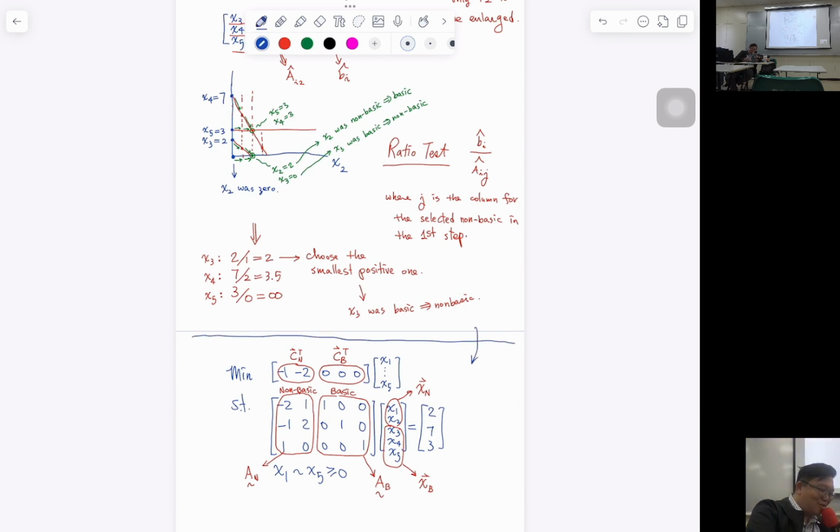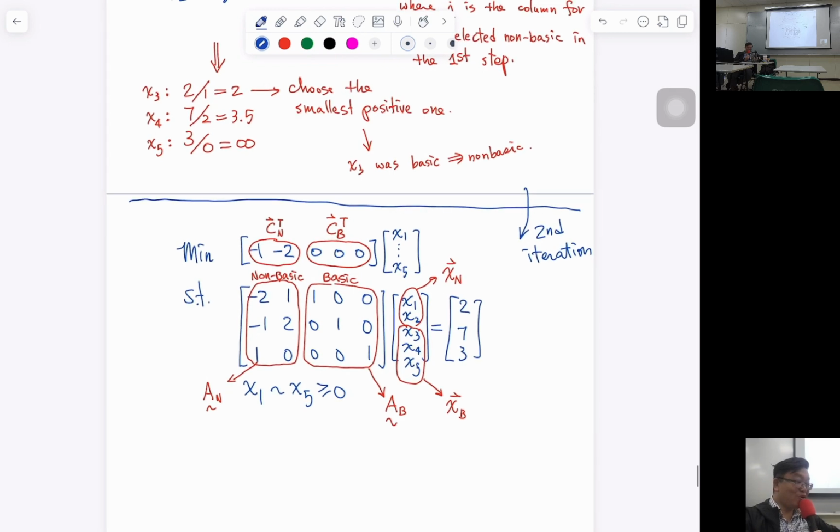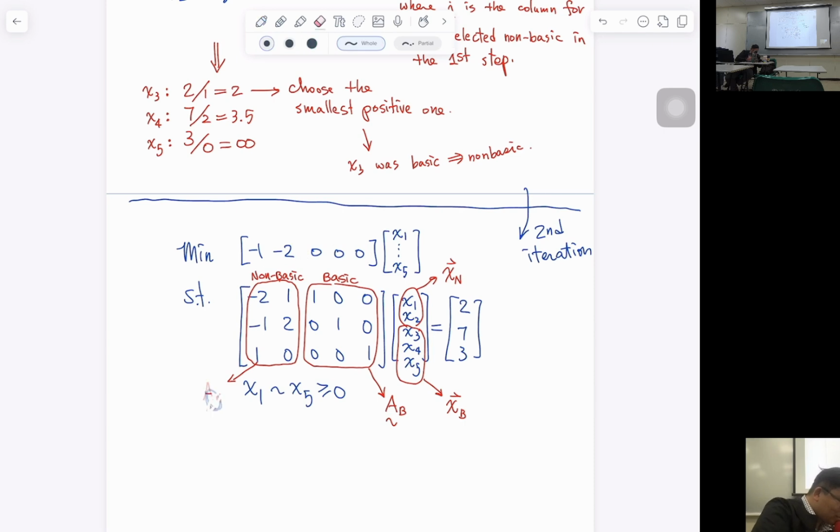Now, second iteration. Move on to second iteration. Whatever we did was the first iteration. Now we move on. But when we move on, what happened? We will erase these because the role changed.